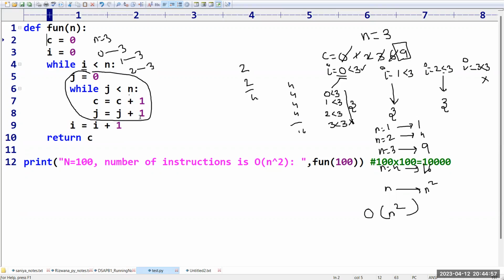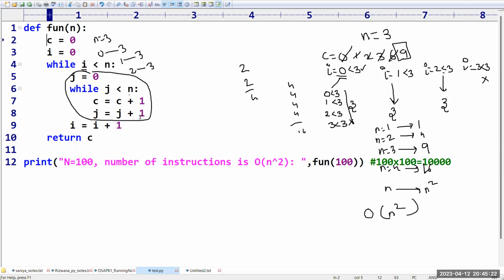Sir, as we start the function, first it will check the while loop where initially i is 0. Then it will check j is 0, then j is compared to n, then further executes. Like up to 3 times it will work inside the nested loop. Am I right, sir? Yes, sir.